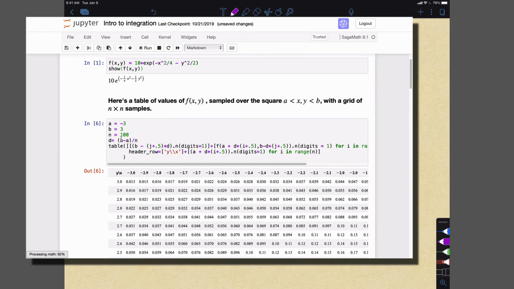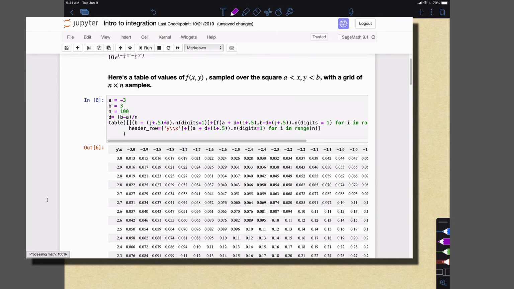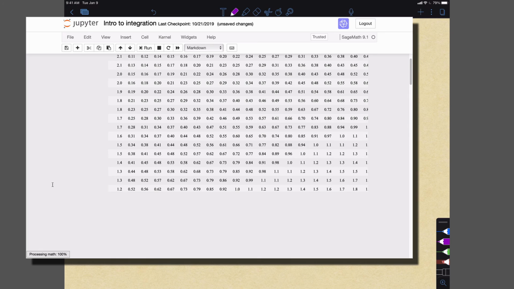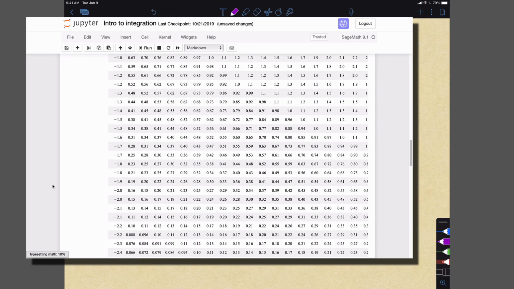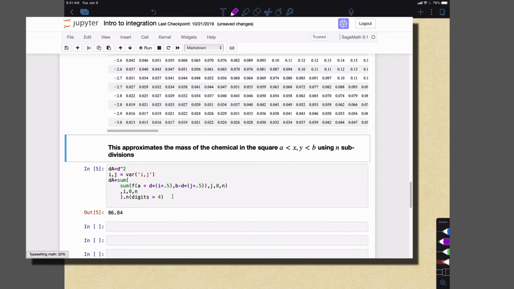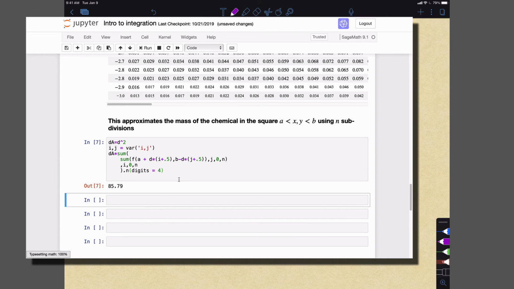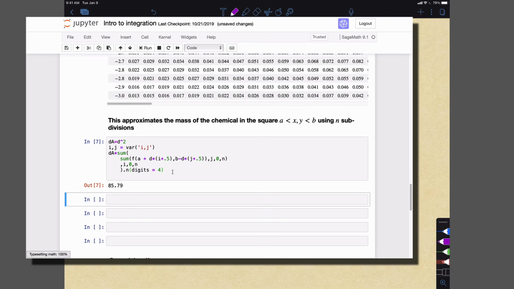This is going to take a little while on my computer. There we go. So again, still going from -3 to 3. Let's see how long this takes. That was fast. And so with 100 squares in each direction, we see this sum at 85.79 kilograms.